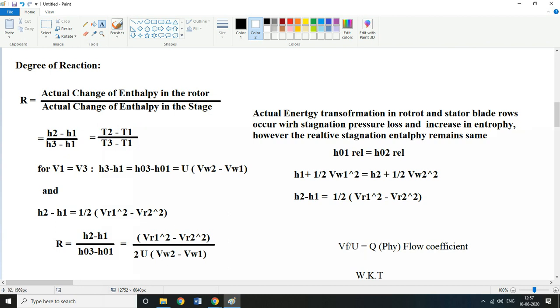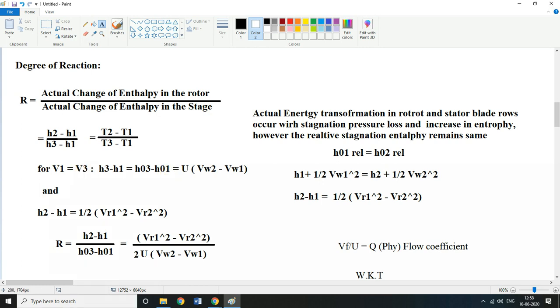But we've assumed the velocity V1 to be equal to V3. So the absolute velocity entering the rotor will be equal to the absolute velocity exiting the stator, which in turn becomes the inlet to the next rotor. With that condition, the overall change in enthalpy will be directly equal to the change in stagnation enthalpy, because there is no velocity change.